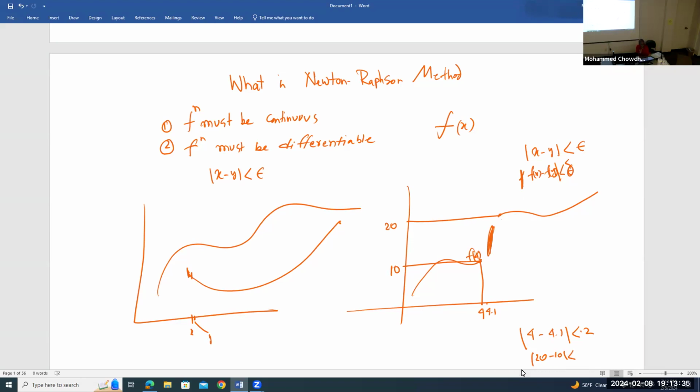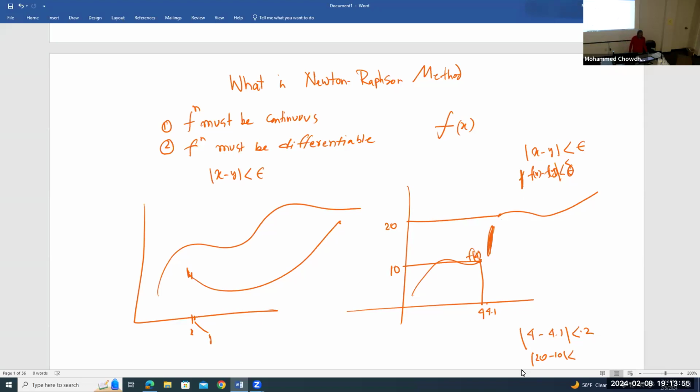So you understand when a function is said to be continuous. If you ask me to say these things in a simpler way, little change in x, only little change in y-axis. Little change in x-axis, very little change in y-axis.